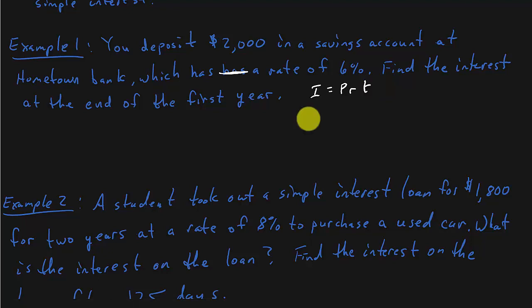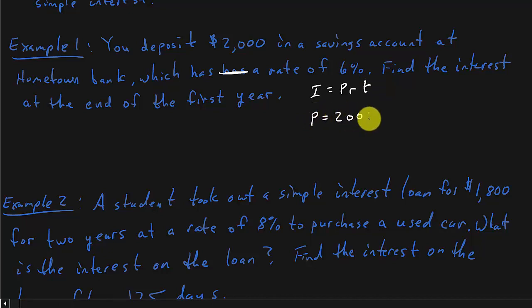In this problem, P is equal to 2,000, the amount that we deposit. R is 6%, and remember we have to write that as a decimal, so that's 0.06. And since it says find the interest at the end of the first year, T is equal to 1.